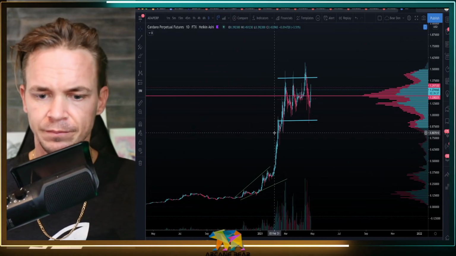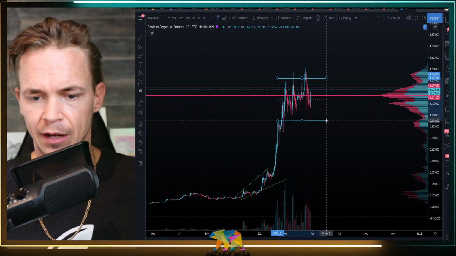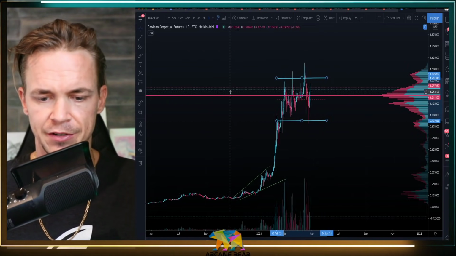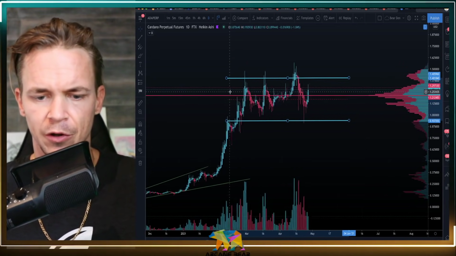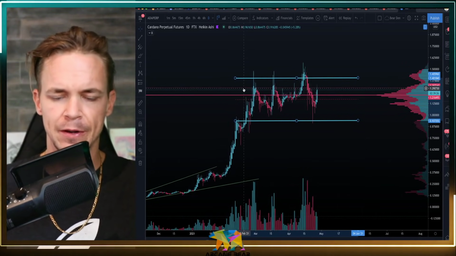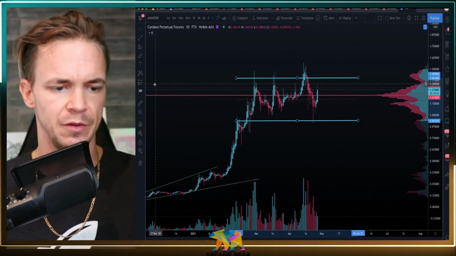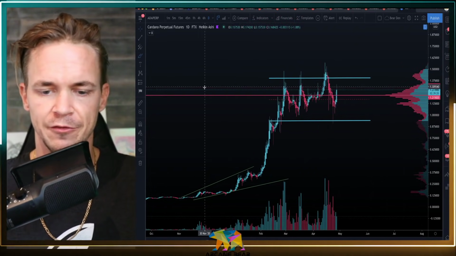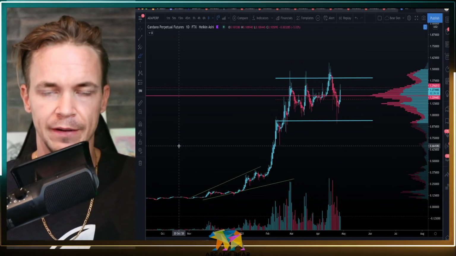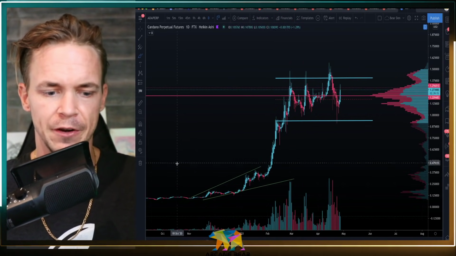So we here at the Bear family love studying Wyckoff trading ranges, and there's some useful and valuable information that I want to go over here because there's a very important learning opportunity in front of us with Cardano. Because we study the Wyckoff trading ranges, we look at the market in three very distinct cycles.